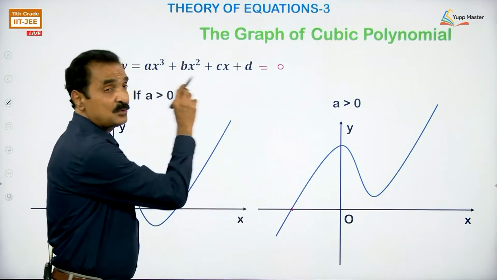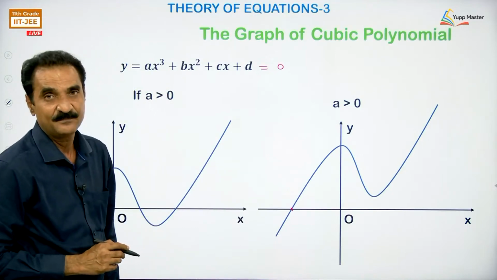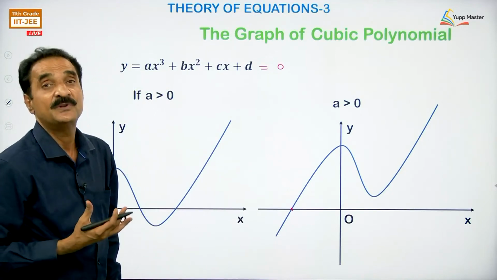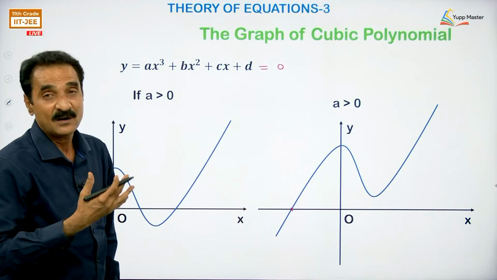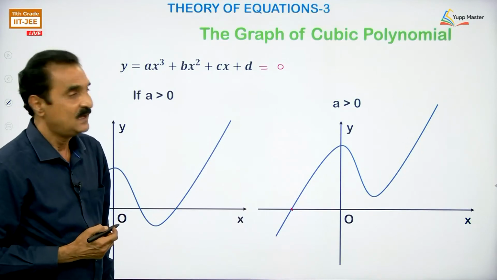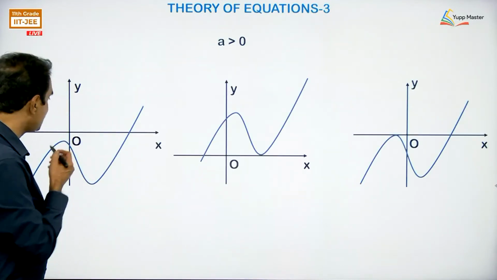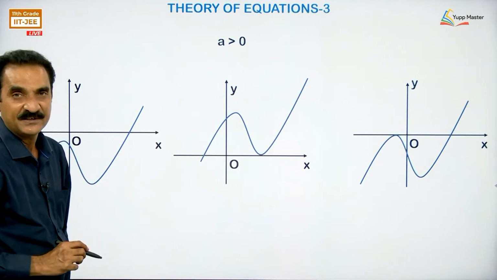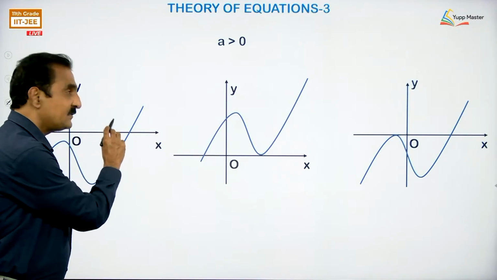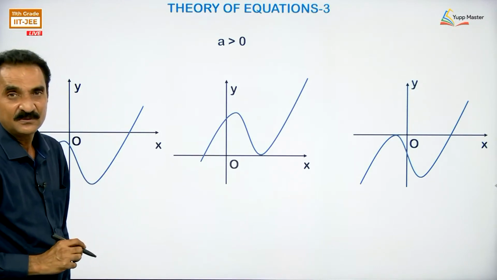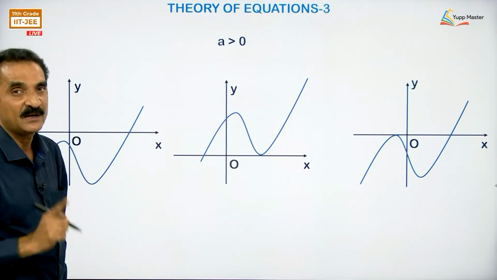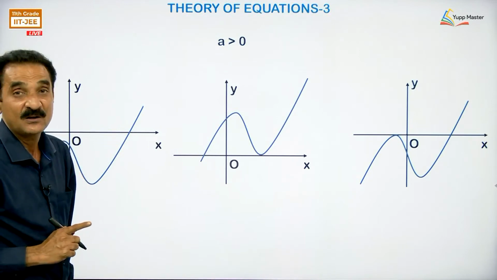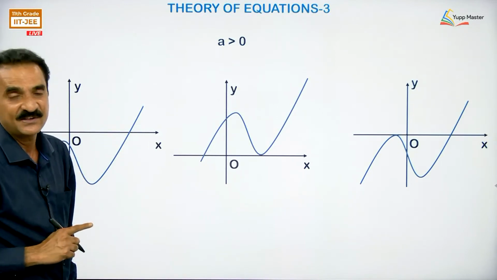So, only one root of this cubic equation is real. But what about the remaining 2? There will be imaginary or non-real complex numbers. And in this case, the graph intersects the x-axis at only one point. So, the cubic equation will have only one real root and the remaining 2 roots are non-real or we can say imaginary.